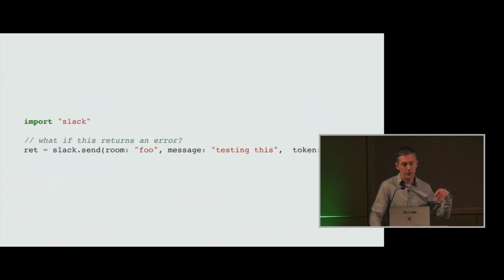We import the Slack package, and we say send to the foo room this message, and here's the token that you use to authenticate it. So obviously we're calling out over the network. What happens if an error occurs? What do we do? So if there's that return value, obviously you can do multi-returns. You can do like Go does with nils or whatever.